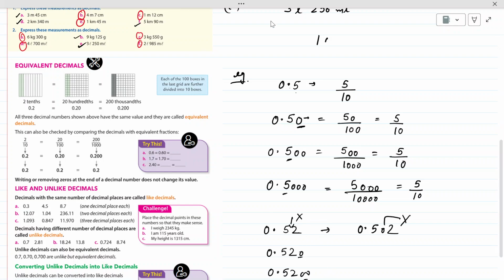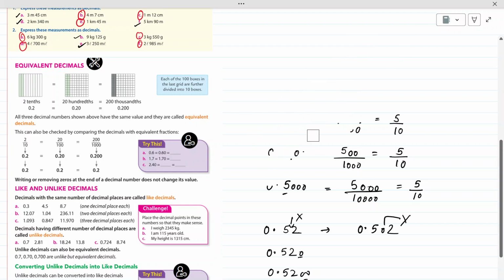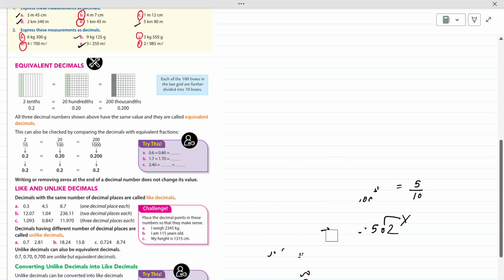There are certain scenarios in mathematics where we will get many questions where we have to make the given decimal numbers like decimals. So we are going to learn the concept of like and unlike decimals now. But before that, I just want to tell you again what equivalent decimals are. These are decimal numbers which have the same values.